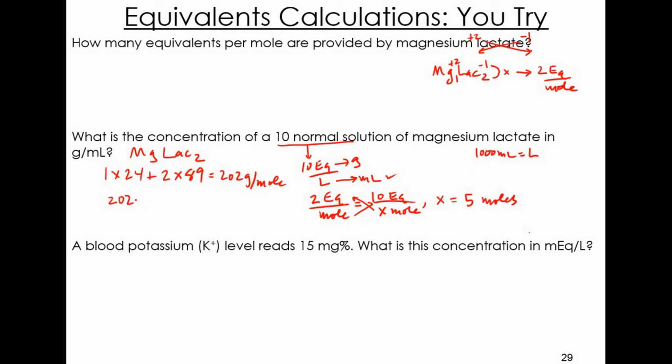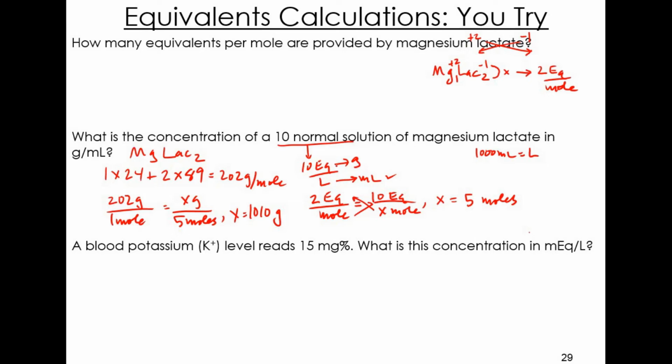Okay, so 202 grams for every 1 mole. So how many grams from 5 moles? And for this one, X will equal, looks like 1,010 grams.